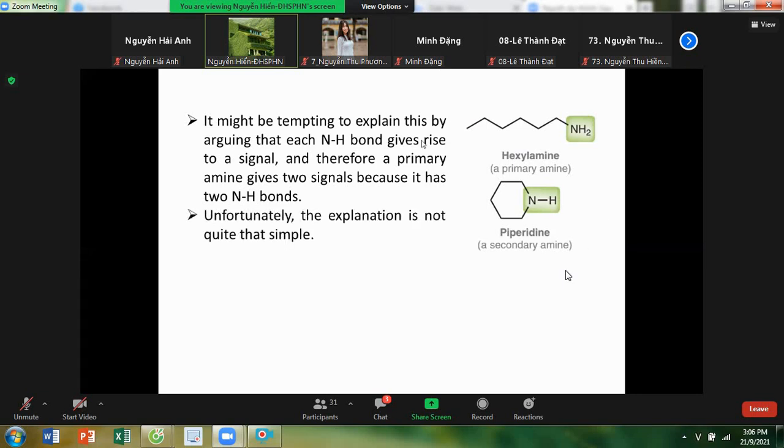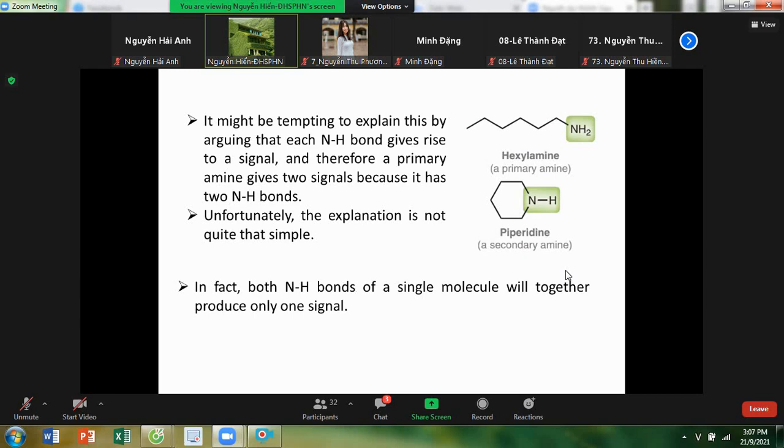Obviously the secondary amine has only one NH bond, so it should give only one signal. But in fact, this explanation is not really satisfactory. We have a better way to explain the different numbers of peaks in the absorption of secondary and primary amines. In fact, both NH bonds of a single molecule will together produce only one signal.